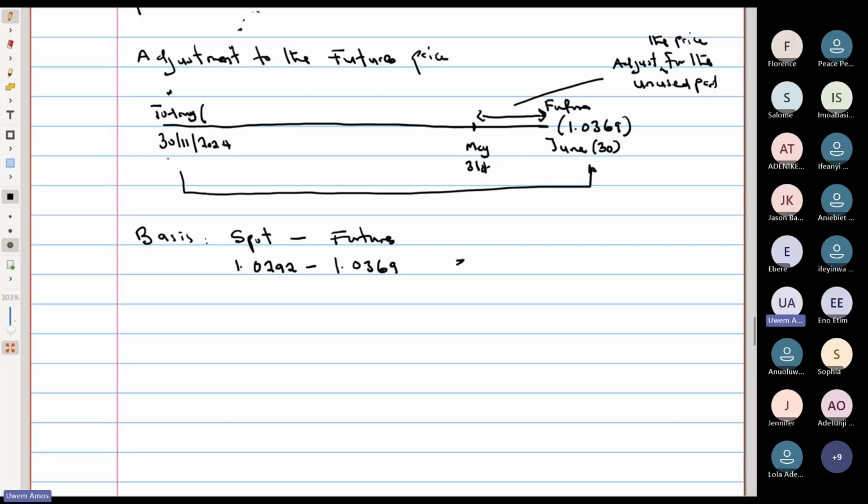Okay, so what is the movement from here, which is the price now, to here? What's the difference in the prices? 1.0292 minus 1.0369. What's the difference? Minus 0.0077. That is the difference between now and 6 months.